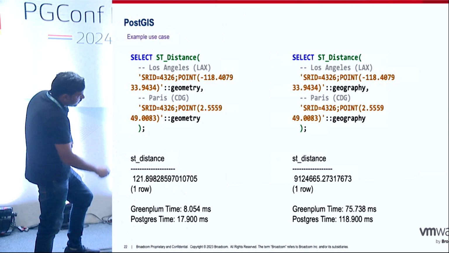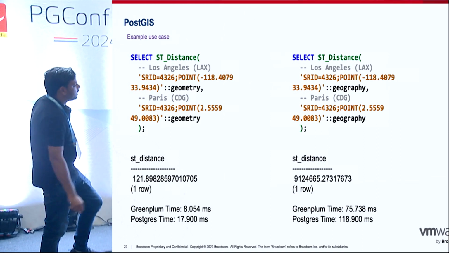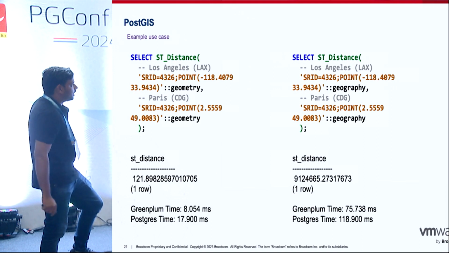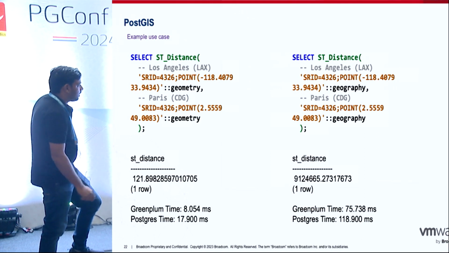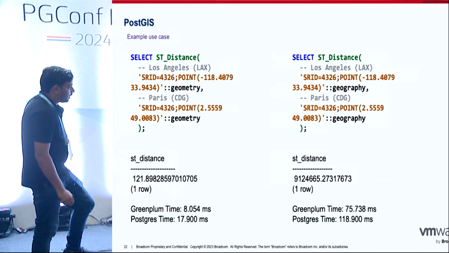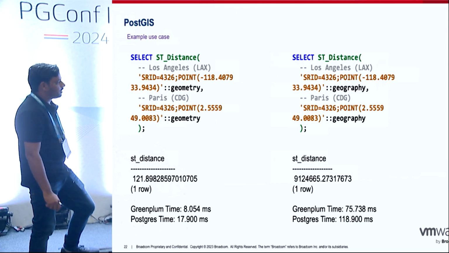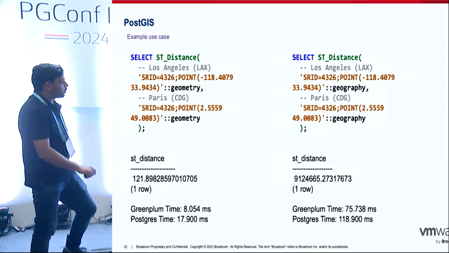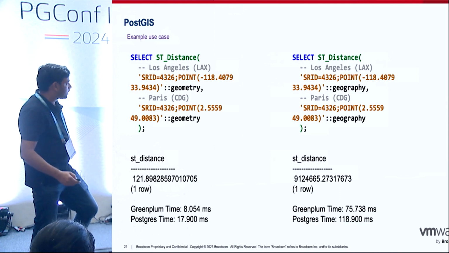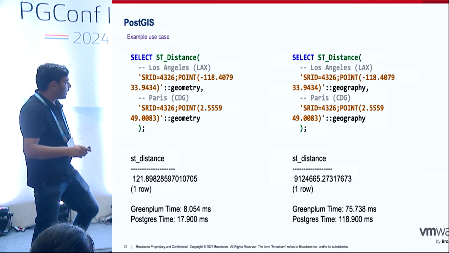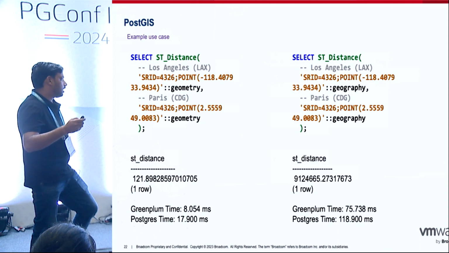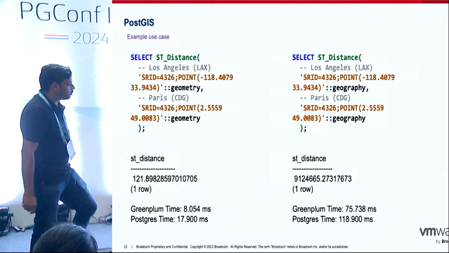So you can say that 9,124 kilometers is the actual distance between Paris and LA. When I run this query on Greenplum, it took around 75.738 milliseconds, and on PostGIS it took around 118 milliseconds. The Greenplum is a 3 node cluster on the same host machine.